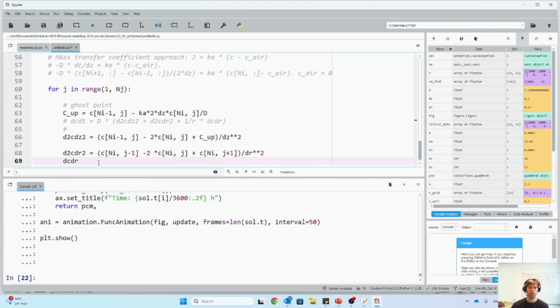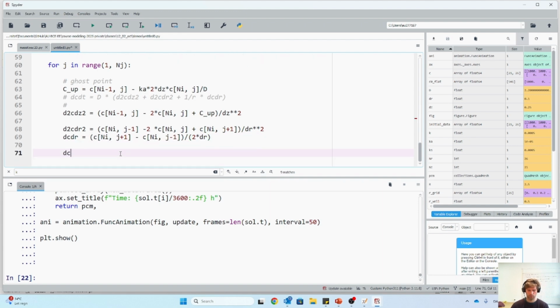And then for the last term, which we have here, that will be central difference of the first derivative, which is just ni j plus 1 minus, and here it is divided by 2 times dr.